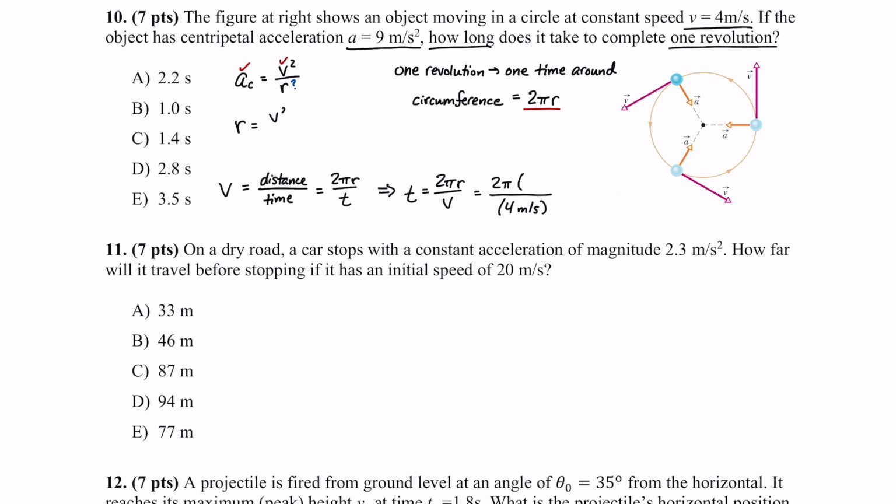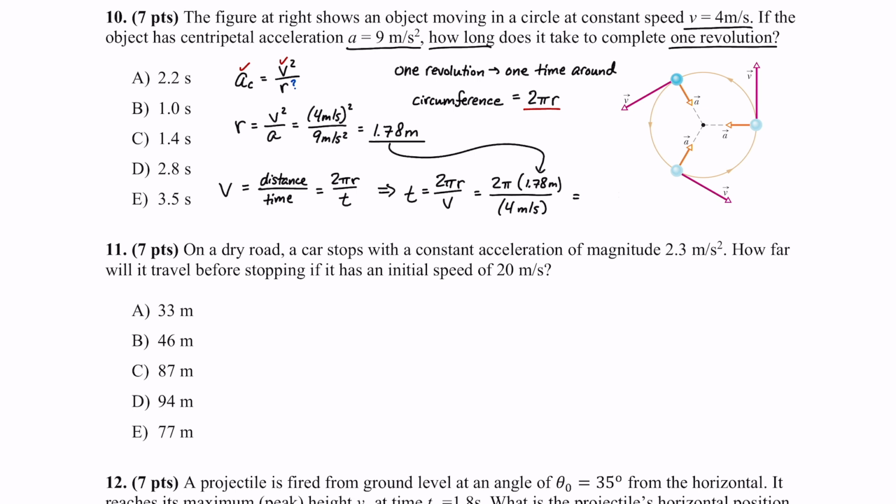Radius is equal to speed squared divided by acceleration, and we can plug in numbers. 4 meters per second for the speed, 9 meters per second squared for the acceleration, and from this we can calculate a value for the radius, which we can then use in our expression for time.